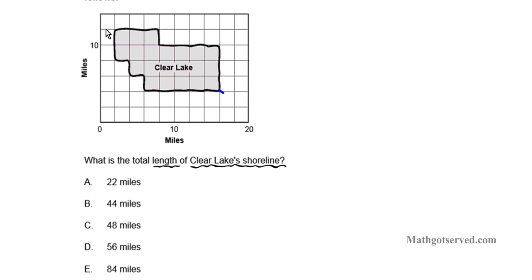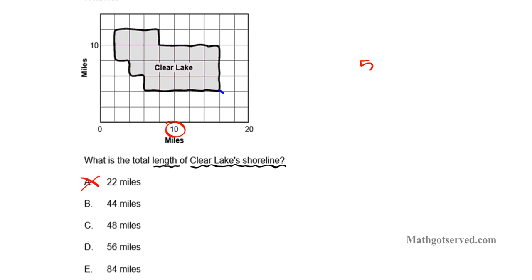All right, so after counting, you might be in haste to conclude that your answer is 22 miles, and that will be the wrong answer. Okay, so you have to be really careful when you're dealing with the measurement section of the CBEST. It can be really tricky sometimes, okay? If you notice, you have 5 boxes here, 1, 2, 3, 4, 5, being equivalent to 10 miles.